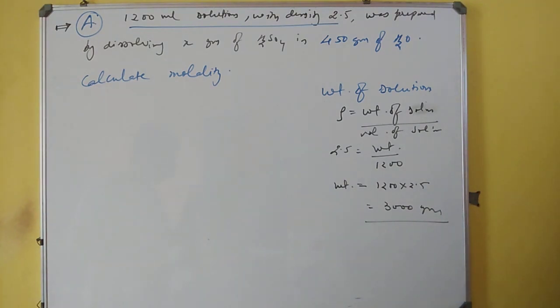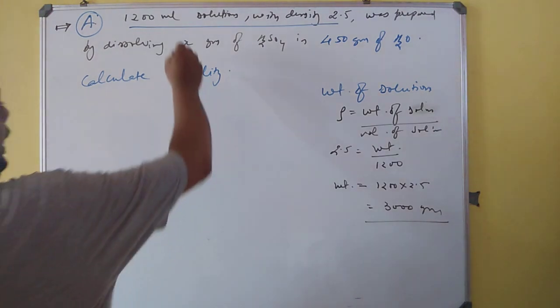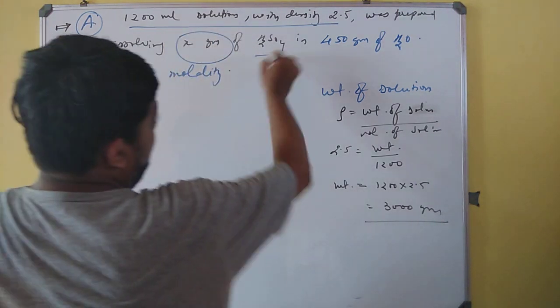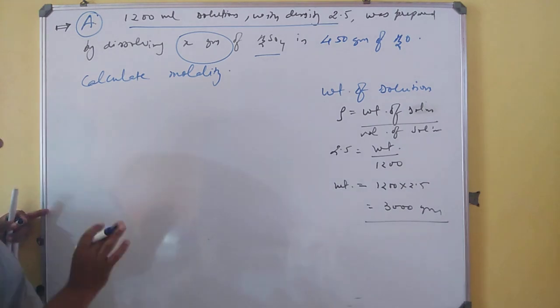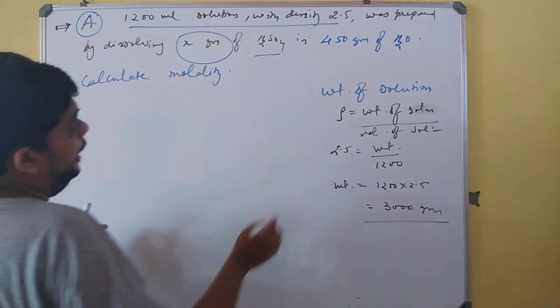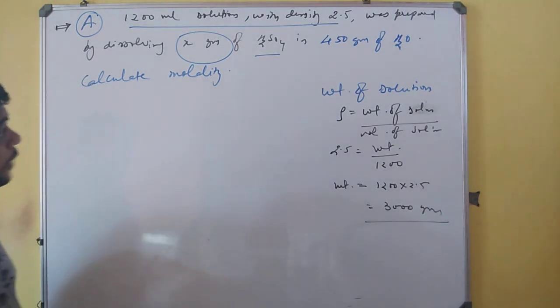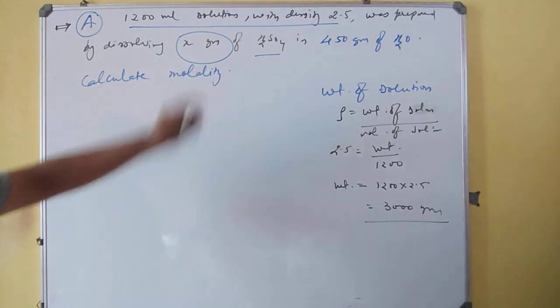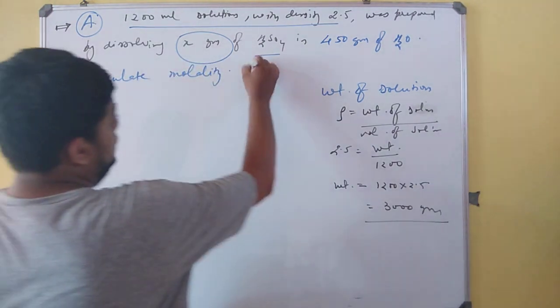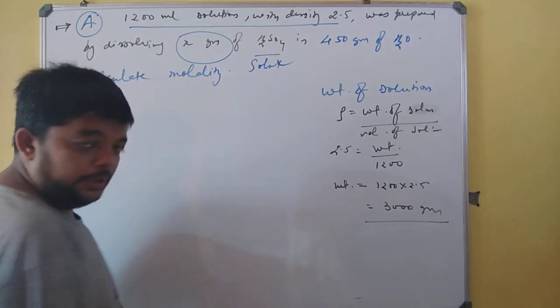It is very clearly stated: X gram of H2SO4 in 450 gram of water. So from this itself you can get an idea that I first need to calculate molality, and to calculate molality I need this gram of H2SO4 because it is solute.